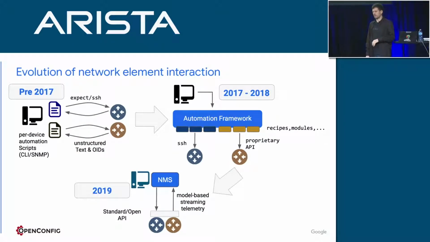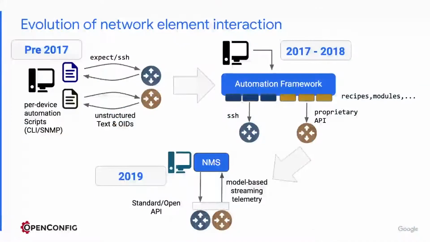So how did we get there? This is kind of just an evolution of how we used to do things. Sort of pre-2017, it was expect scripts and SSH, and it was entirely driven by CLI, whether that was a human or trying to do some screen scraping, and SNMP. And then we moved on to automation using things like Ansible or recipes and modules, and that was kind of a big shift.